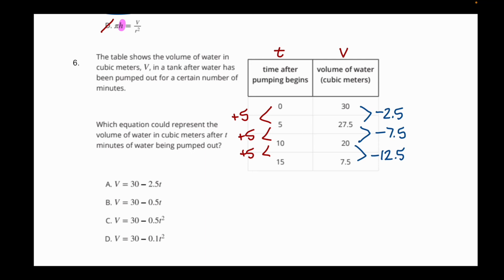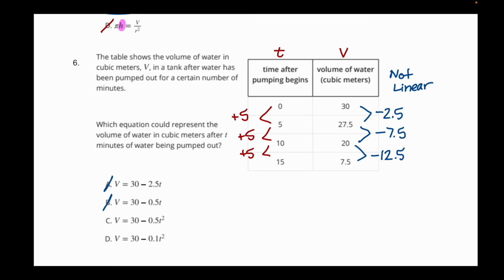Since it's not consistent, I am actually going to change my answer to cross out A and B, because those ones are linear, meaning that these numbers would be the same. So we're going to say that this is not linear, just as a note to ourselves. It's not linear because those numbers are different on the left and on the right. They're changing at each step of 5.